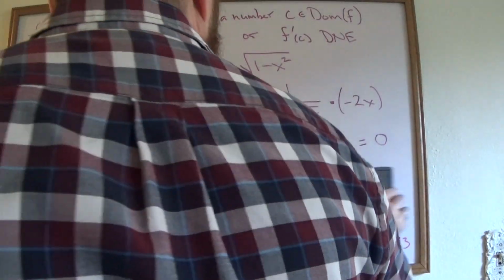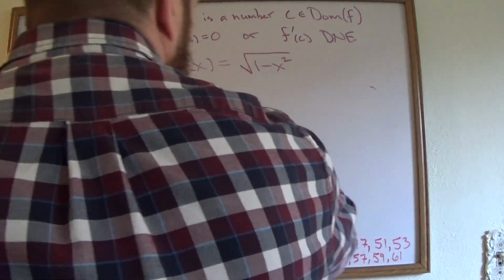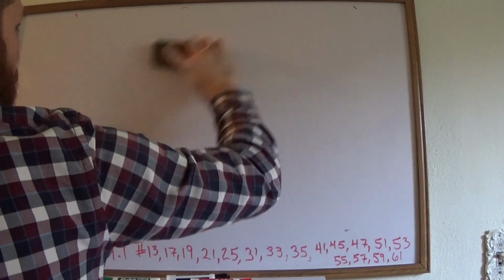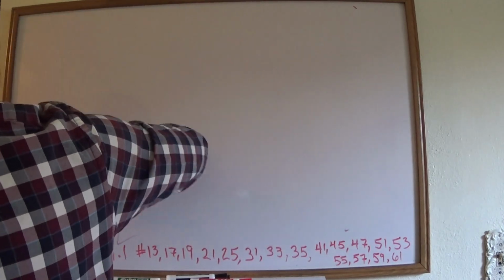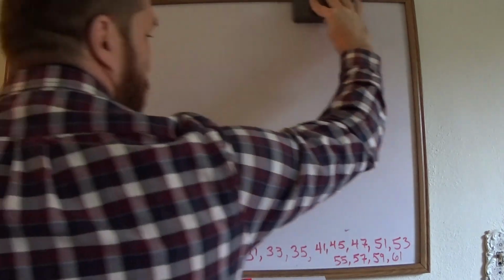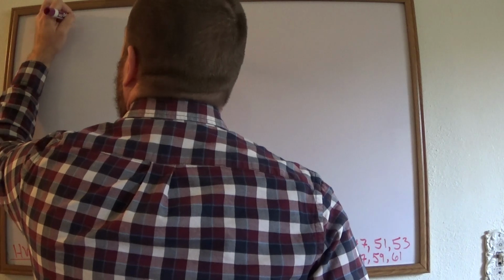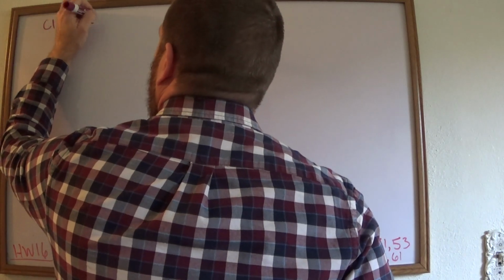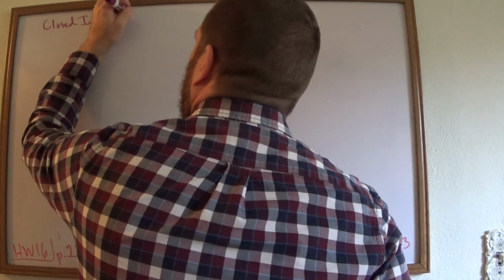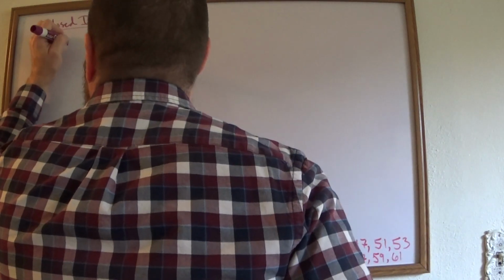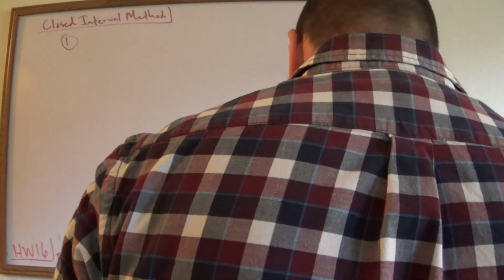Okay. Your book calls this the closed interval method. I call it obvious logic, in that you don't really need to write this in the book. You would have figured this out on your own, but we're going to do this. Mine's modified a little bit; your book puts the steps a little differently.